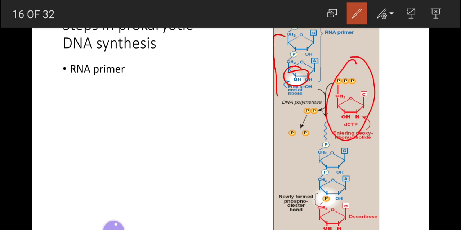Here the dCTP is the substrate. Pyrophosphate is released, and this pyrophosphate is then further hydrolyzed into two inorganic phosphates, and the dCTP is added here below the primer.